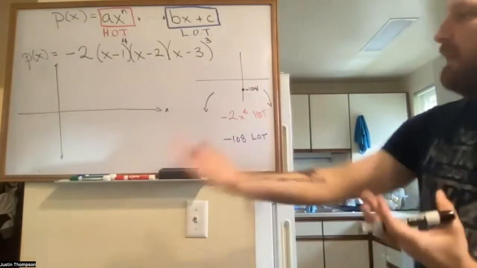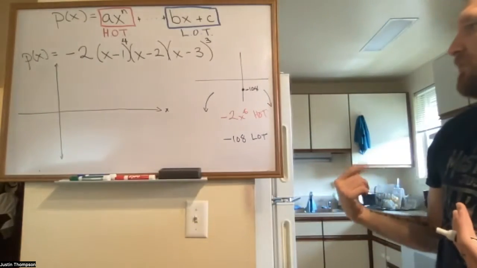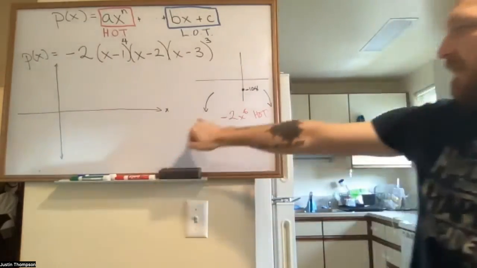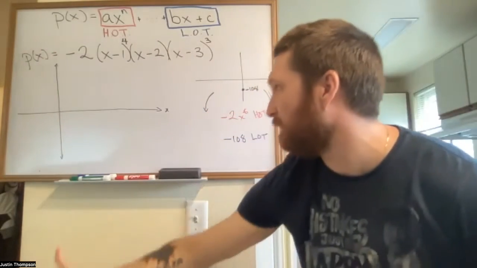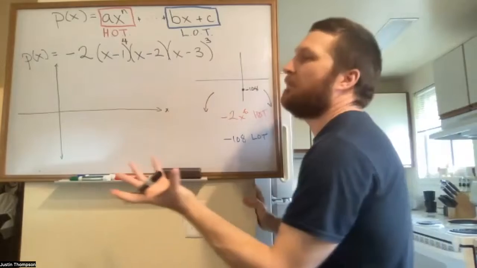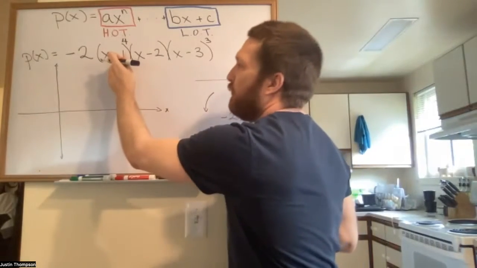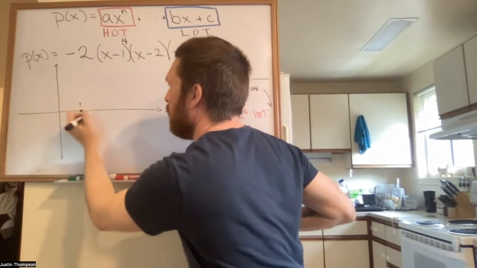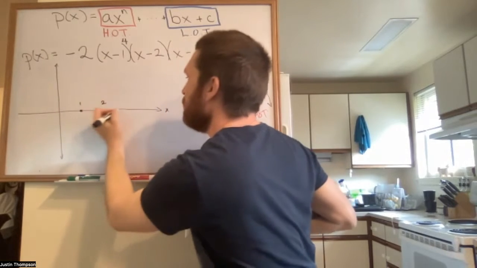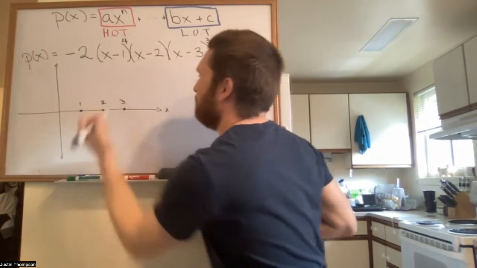Okay, so let's work from left to right. Starting on the far left, I see it's got to come from down here, so he's got to come up. And oh, also, I'm sorry, my roots. I have a root at +1, +2, and +3. So there's 1, 2, and 3.